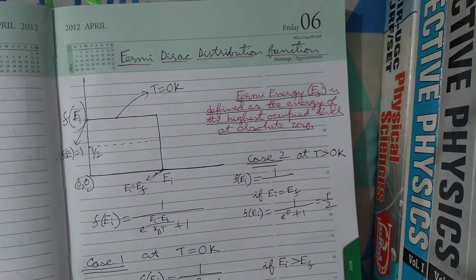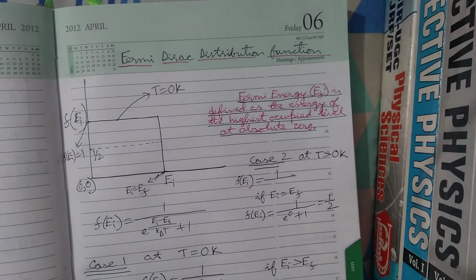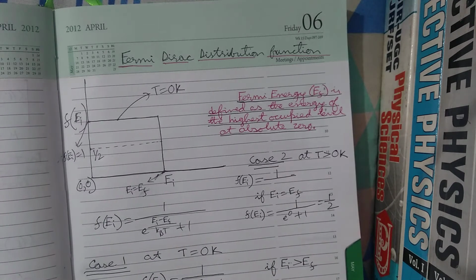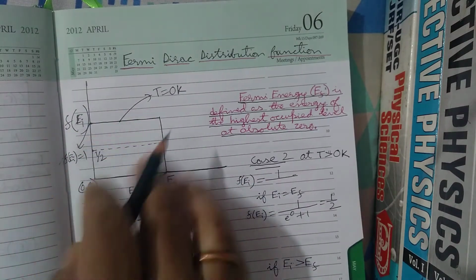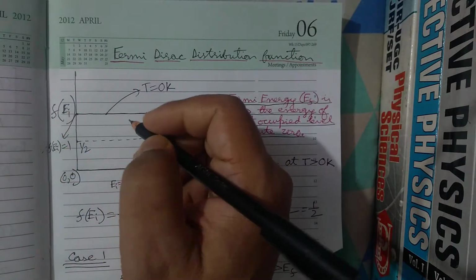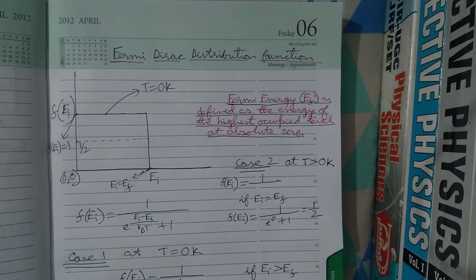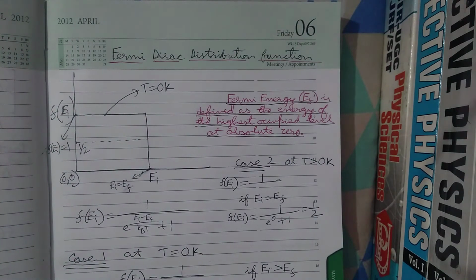So how will the graph change here? At T equal to 0 Kelvin, it was just a step function. So how will the graph change now?